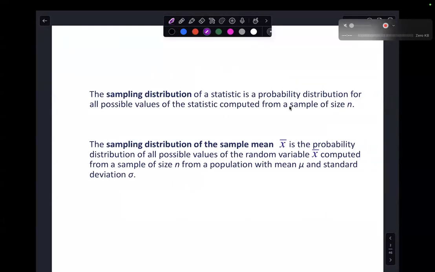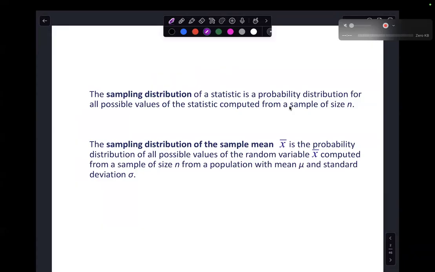All right. So what is a sampling distribution? If I take a sample from a population, and then I take every single sample that is possible, say a sample size of 5, every single possible sample of size 5, that would be a sampling distribution.